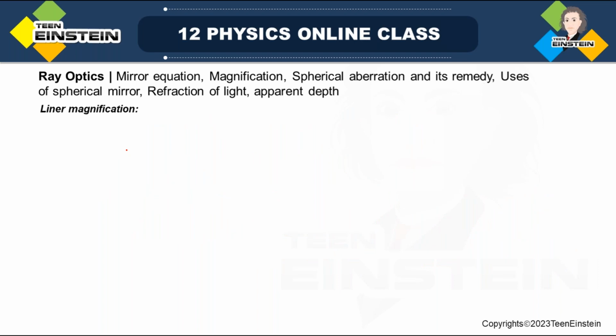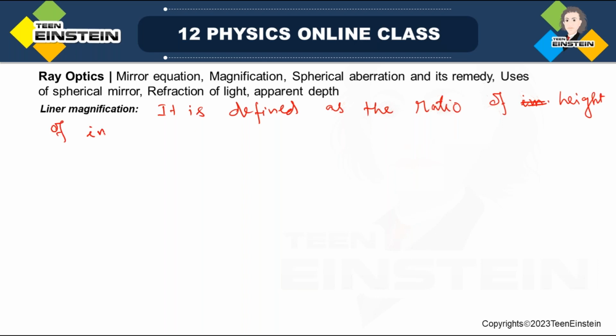So what is linear magnification? Linear magnification is defined as the ratio of the height of the image to the height of the object.